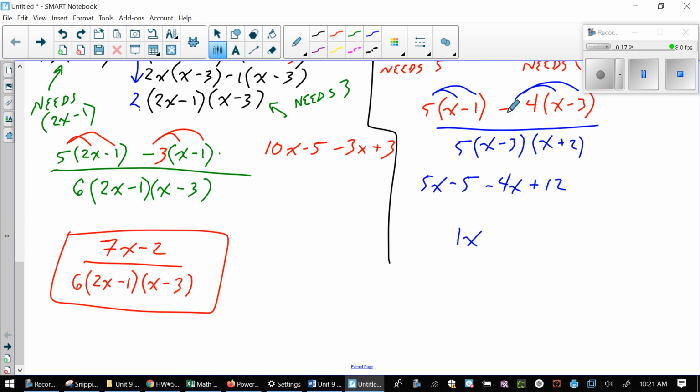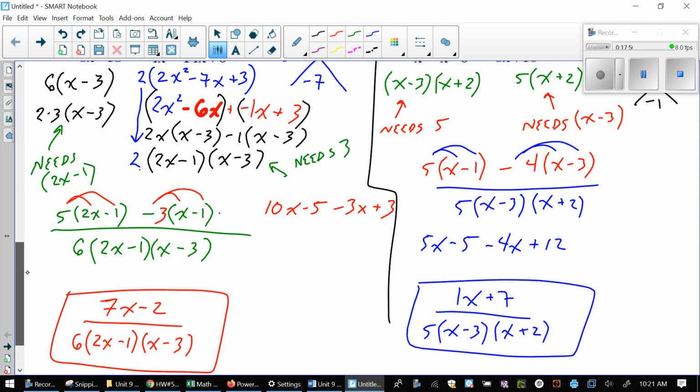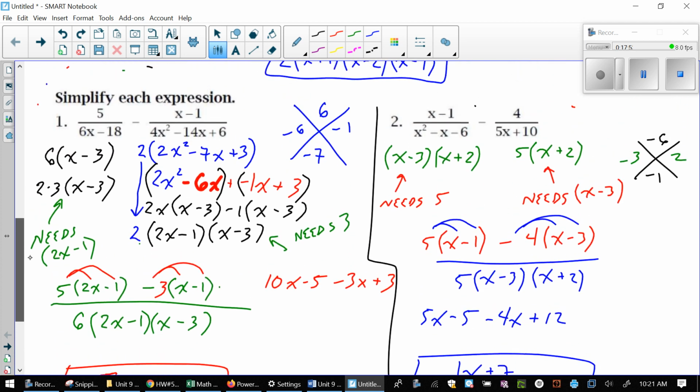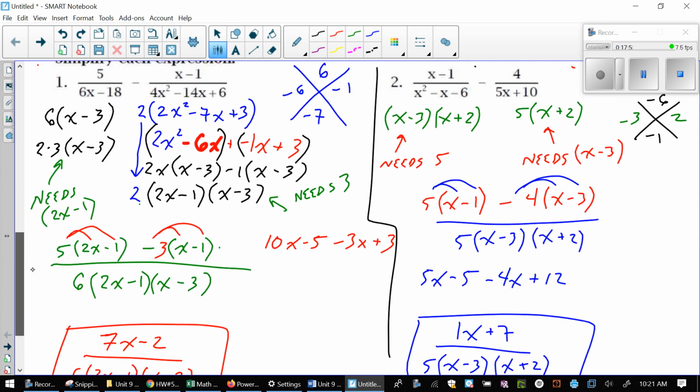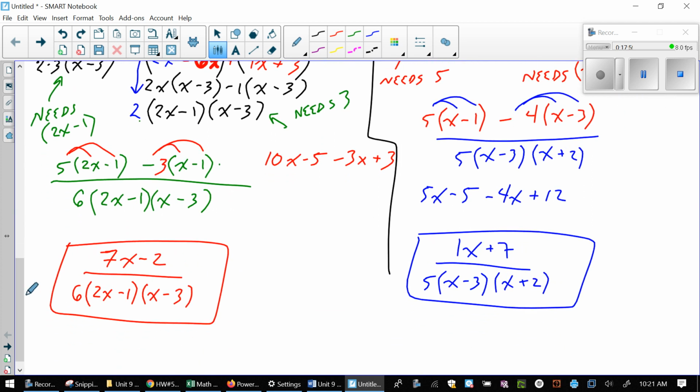Notice again, -4 times -3, make sure we get that sign right, gets me plus 7. And then again, we write our common denominator in factored form: 5 times x minus 3 times x plus 2. All right, there we go. So factoring is really what we need. Once we get those factors, think about what each one needs individually, multiply those by the numerator, simplify, and combine.